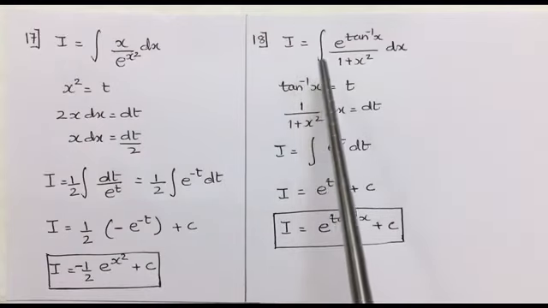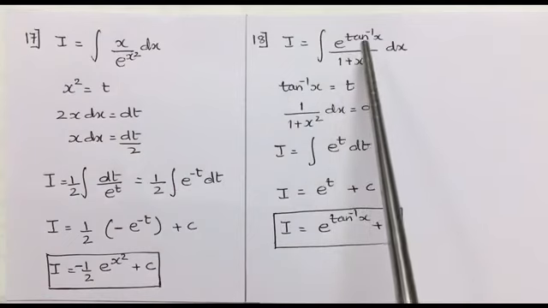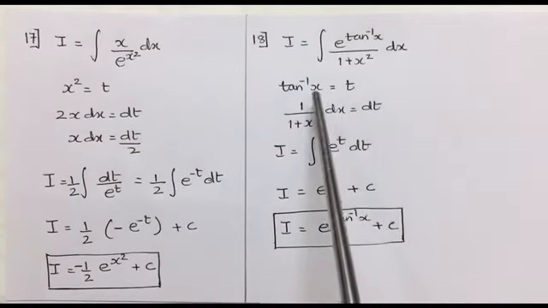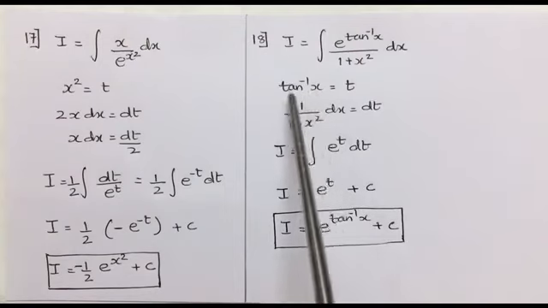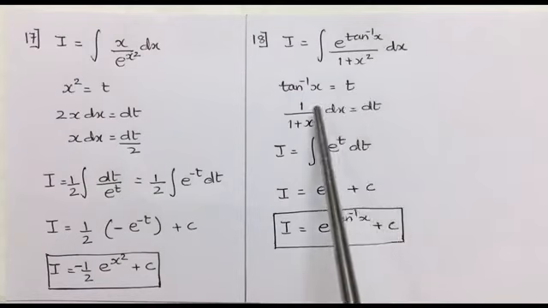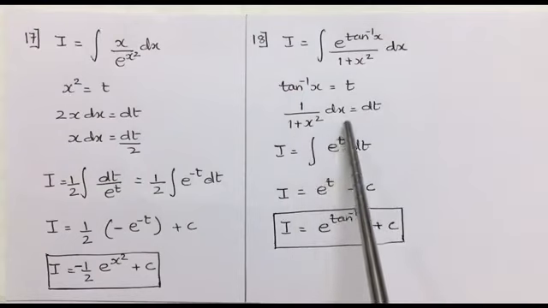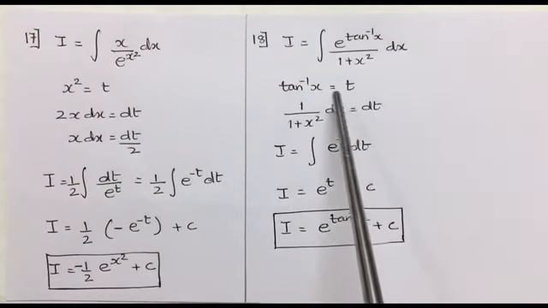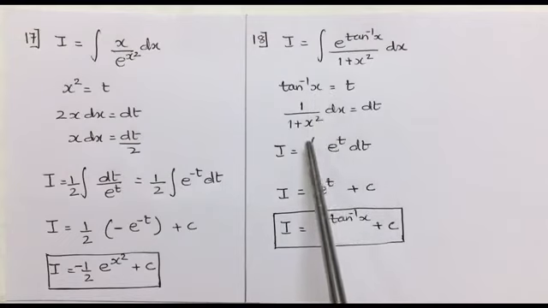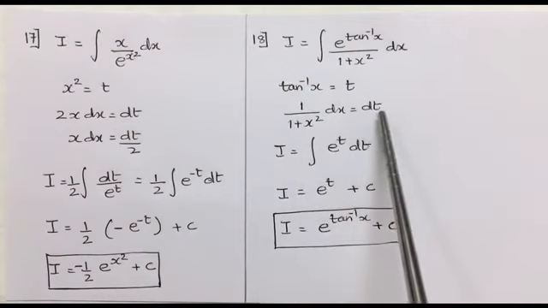18th is integration e raised to tan inverse x upon 1 plus x square dx. Assuming tan inverse x as t, because derivative of tan inverse is 1 upon 1 plus x square. So d by dx of tan inverse x gives us 1 upon 1 plus x square, dx is dt.